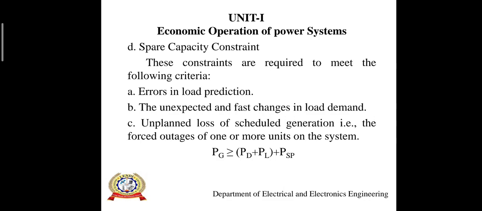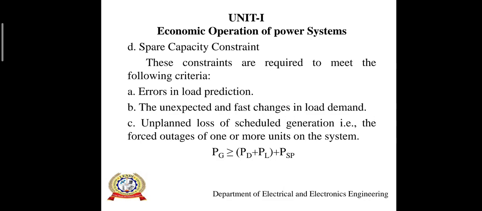or note the correct schedule generation, so that the total power generation at any time must be more than the total load demand and system losses by an amount not less than a specified minimum spare capacity. So that if it happens, then the power generation will be less and demand may be increased.